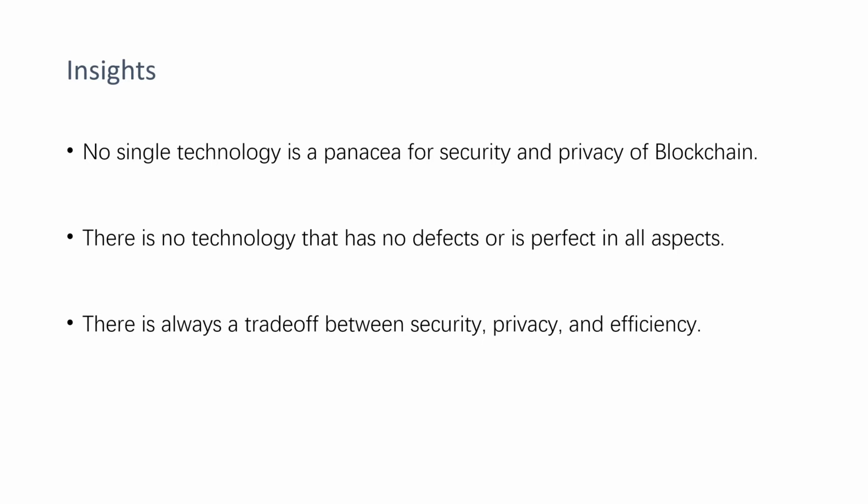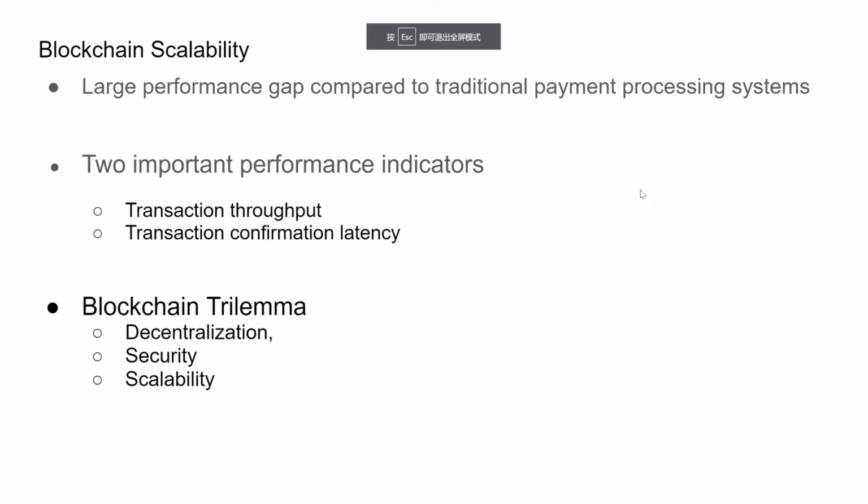This requires careful attention to the potential harms induced from integrating some security and privacy techniques into the blockchains. Finally, there is always a trade-off between security, privacy, and efficiency. We should advocate those techniques that improve security and privacy of blockchain and at the same time have acceptable performance. Next, I will introduce the issue of the scalability of blockchain technology.